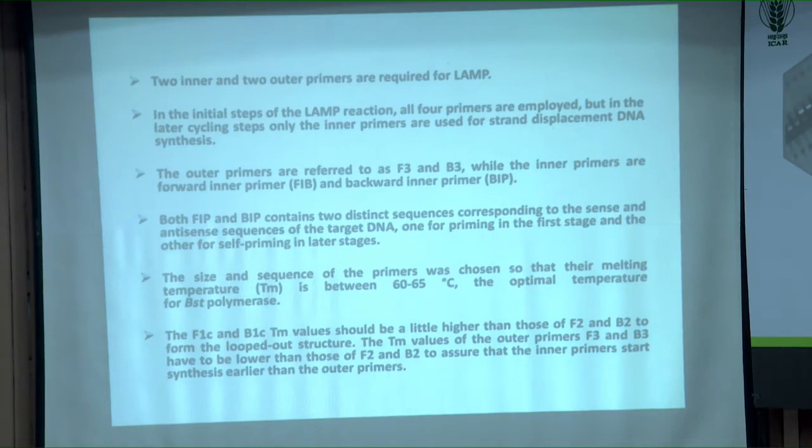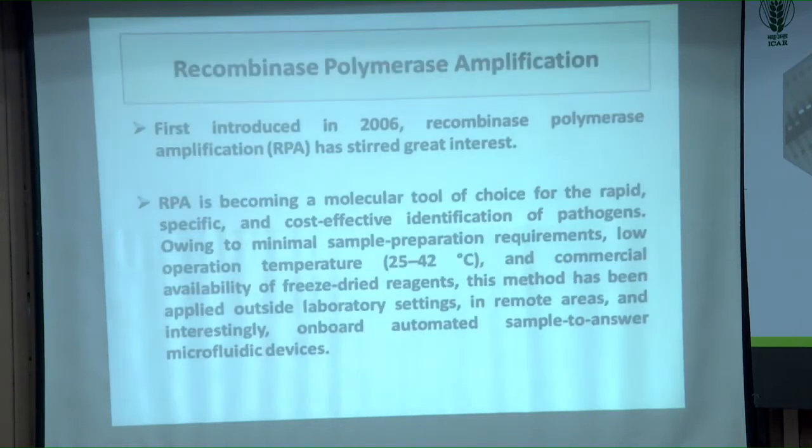So you are increasing the number of primers. What is the benefit of this? Your specificity will be increased. So we have multiple primers here and it is specific for the detection.